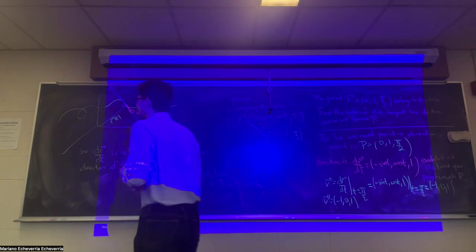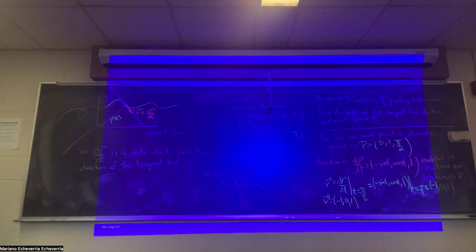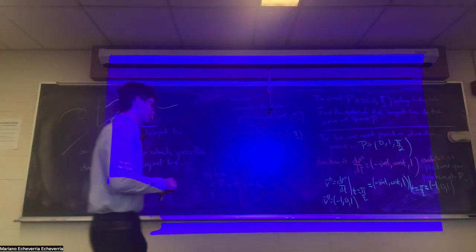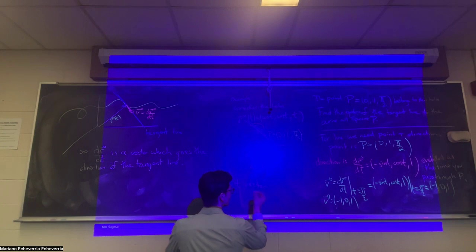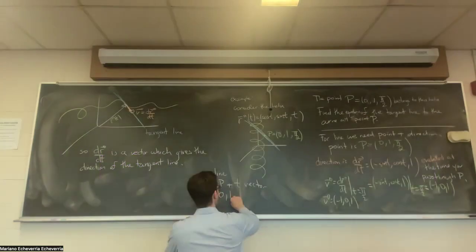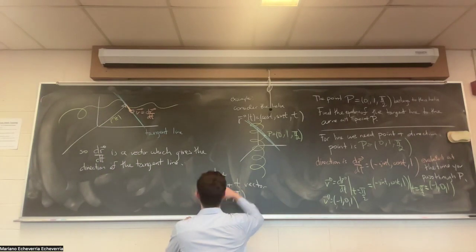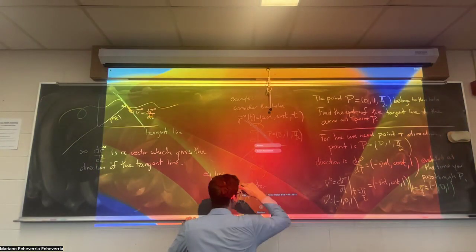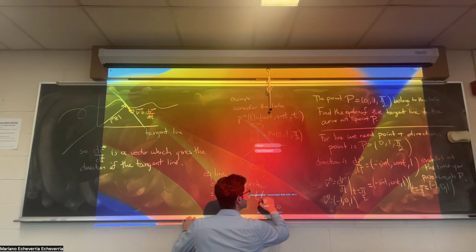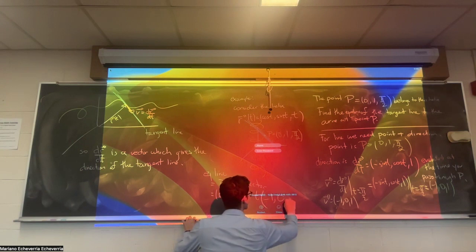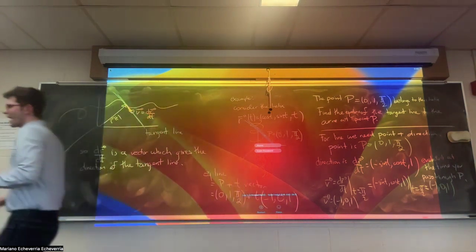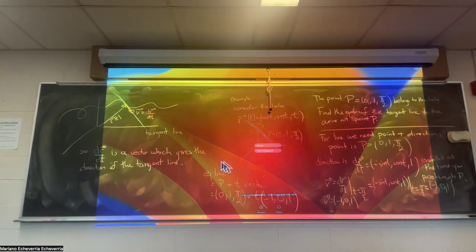I'll try to turn this off again. Sorry, let me just finish writing this, because it's the last thing I need to write. It's just 0, 1, pi over 2. I honestly don't know what's wrong with this.